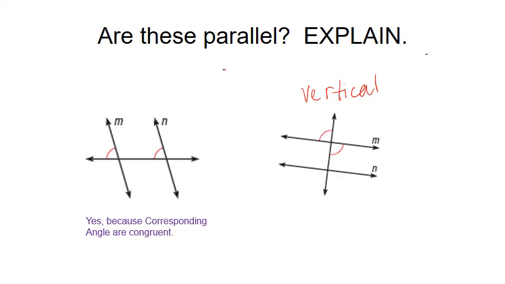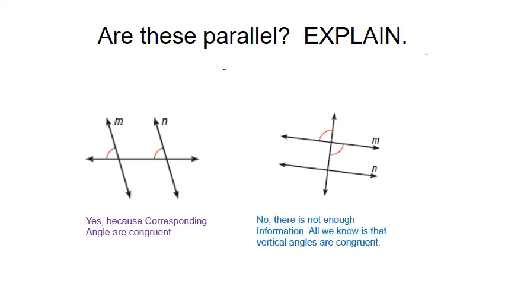We haven't been given any theorems about vertical angles other than they're always congruent. So based on just this vertical angle relationship at this one intersection, we cannot say that these lines are parallel. We don't know. There is not enough information in just vertical angles. We only know that those angles are congruent, but we have no idea whether the lines are parallel or not.